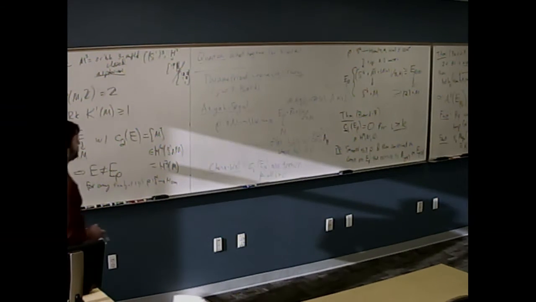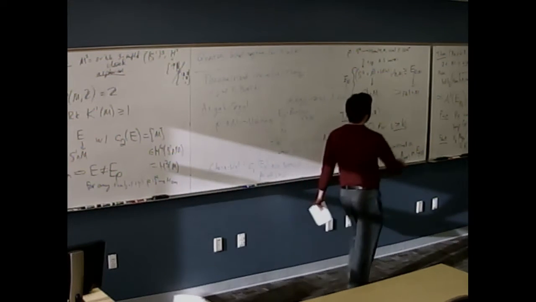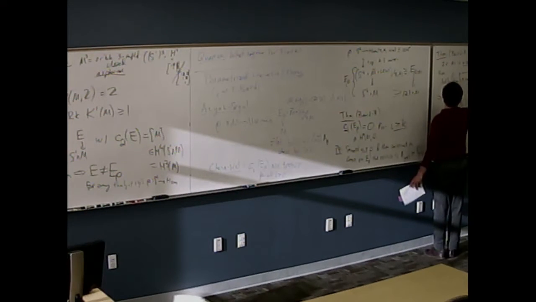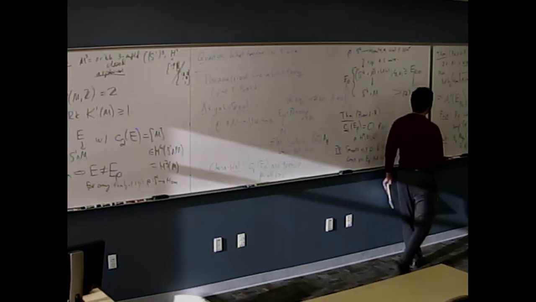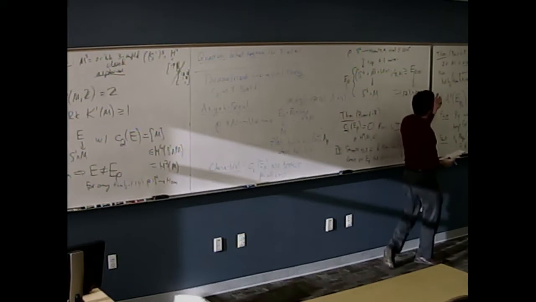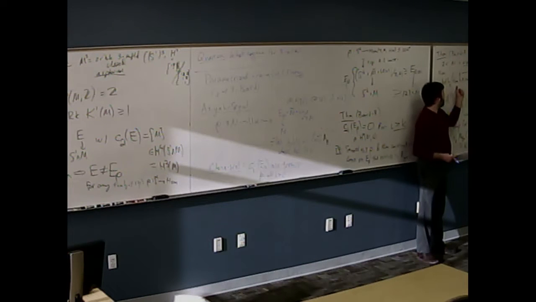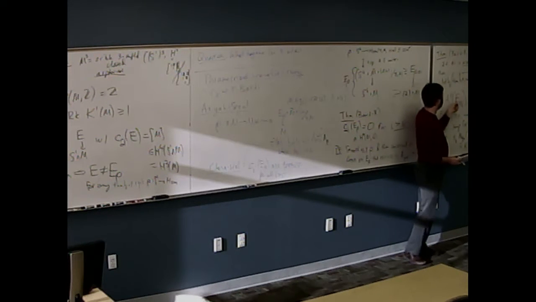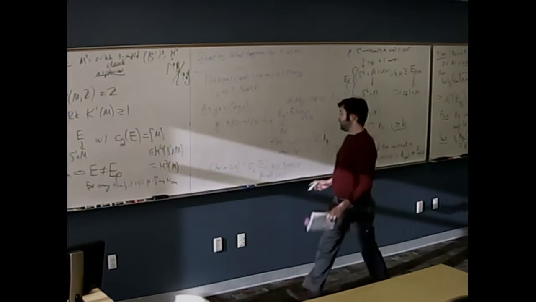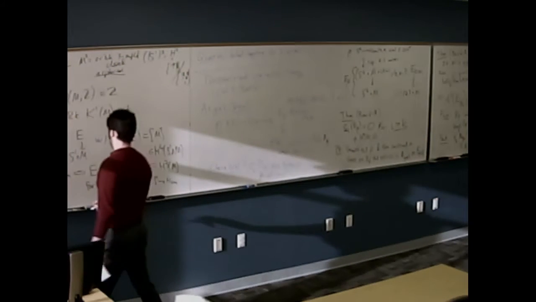So I've produced some class for you over here that's not hit. So we have some E here that's not hit by this map. And then when you think about this homotopy fiber, well, if you have a long exact sequence, so if you have something that's not in the image of this, it survives to the next term in the sequence. That next term in the sequence is pi 0 of the space of flat connections.